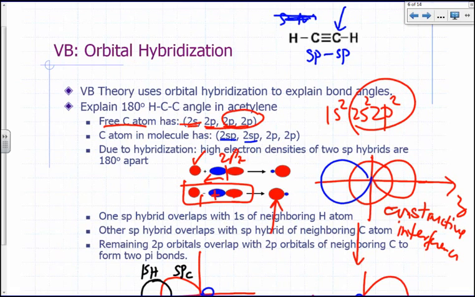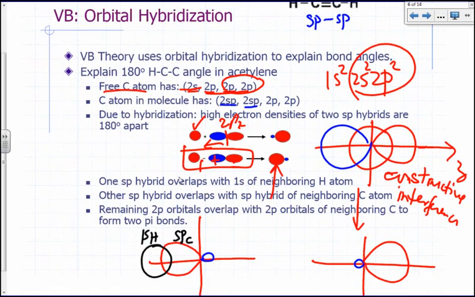So this other carbon also undergoes sp hybridization in this particular molecule. So that's how you would explain the bonding in acetylene using valence bond theory.